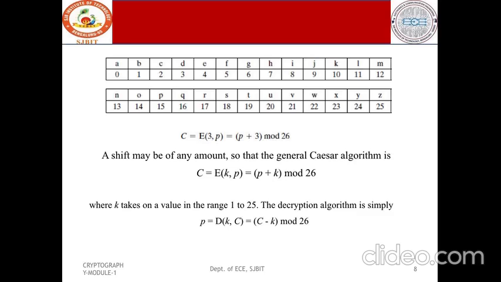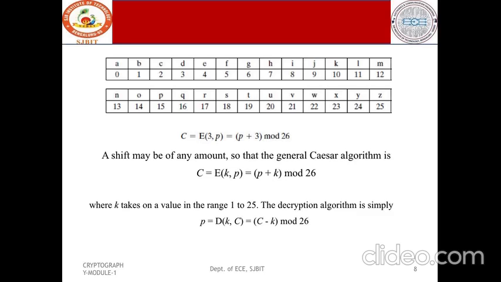Then the algorithm can be expressed as follows: for each plaintext letter P, substituting the ciphertext letter C is written as C = E(3, P), that is, C = (P + 3) mod 26.